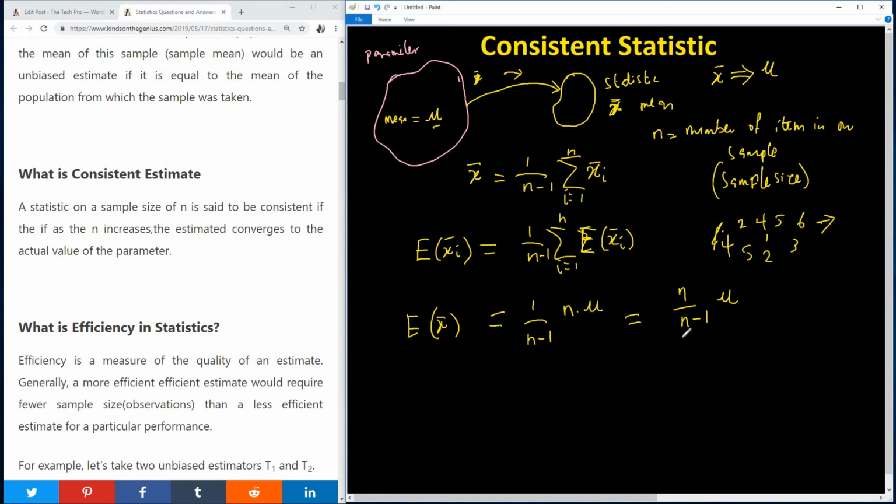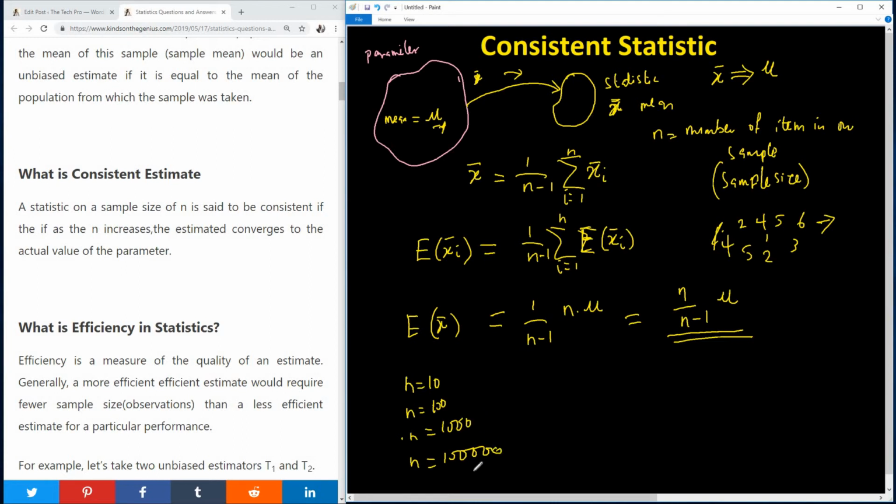So what we are saying is that this value here should be getting close to the parameter mu as the value of n increases. Think of it: if n is equal to 10, n is equal to 100, n is equal to 1000, n is equal to 1 million.